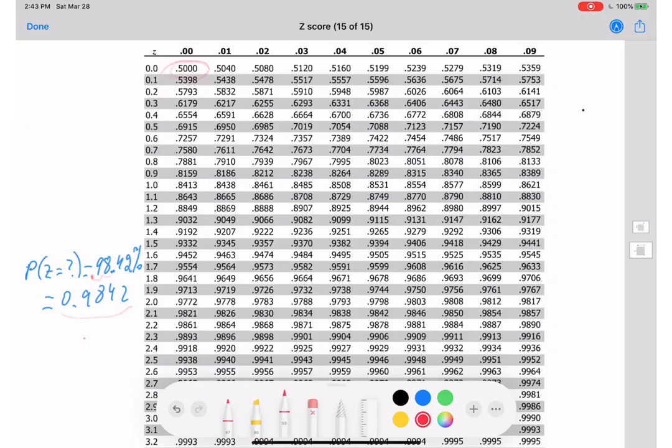And that is going to be, let me see, 9842. And that is precisely right here, 9842, right here.